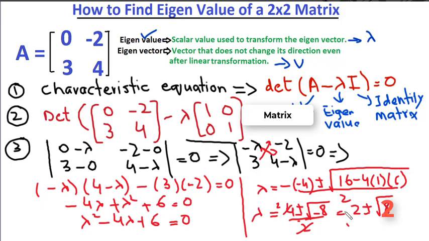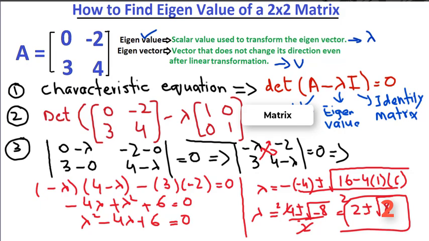This is the method of finding the eigenvalue of a matrix of the order 2 into 2. It all depends on the order of the matrix. If it's 2 into 2, you use the identity matrix of order 2 into 2, solve them together, and you will get the eigenvalue.